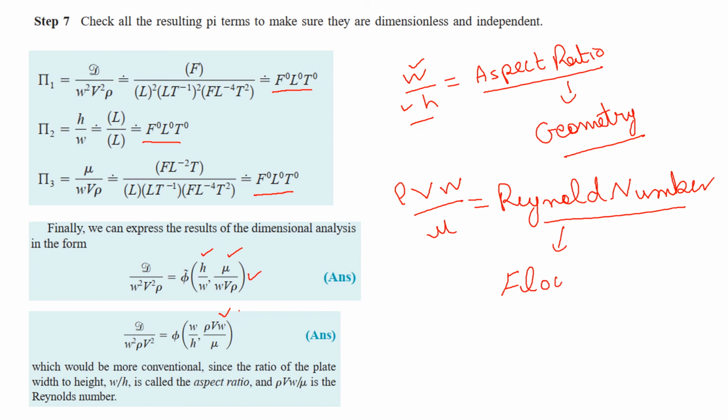This is related to our flow of fluid. As you can see, the density, velocity, then the length dimension, and the viscosity. This is related to the flow, and the Reynolds number is used to classify the flow as turbulent or laminar.